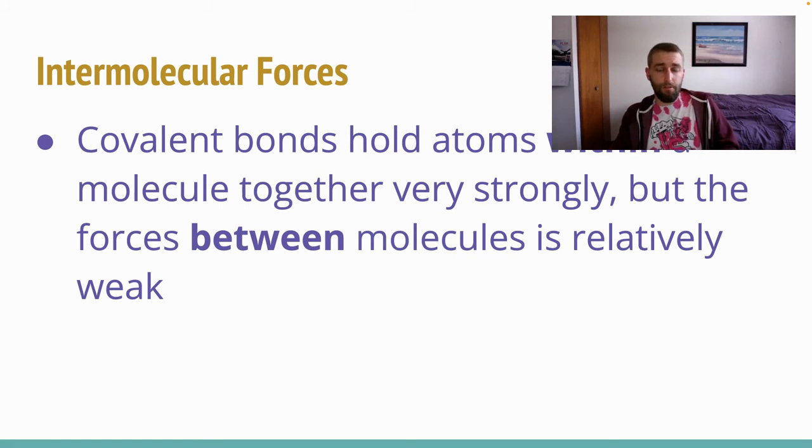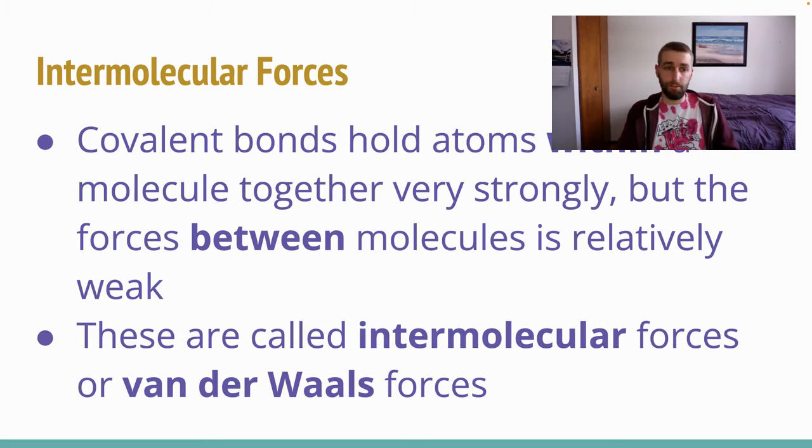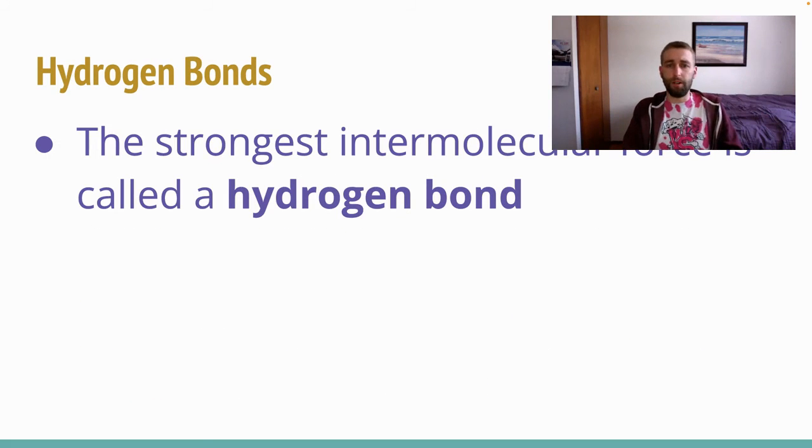And like I just said, covalent bonds are what hold the atoms together within a molecule. But now we're looking at molecule A, molecule B. What holds those two molecules together? Those are not as strong as covalent bonds or ionic bonds, but they can still cause some pretty important properties. One type of intermolecular forces is van der Waals forces, but we don't really have to worry too much about those.